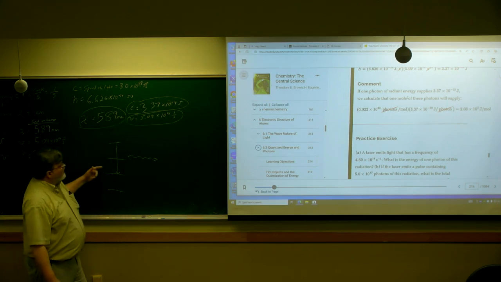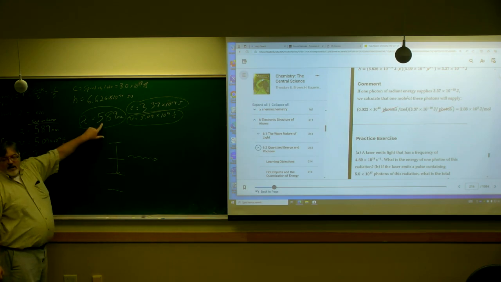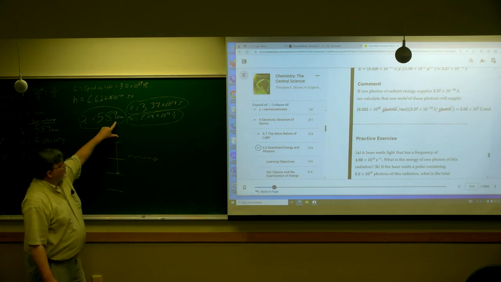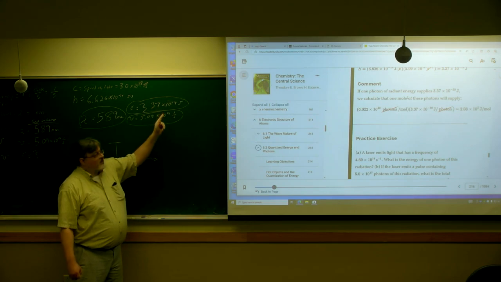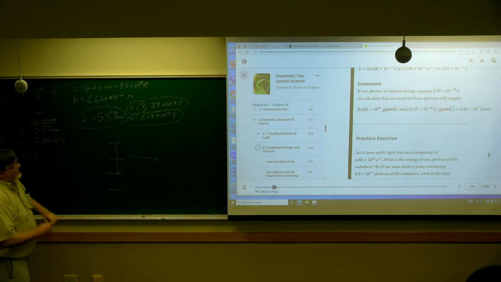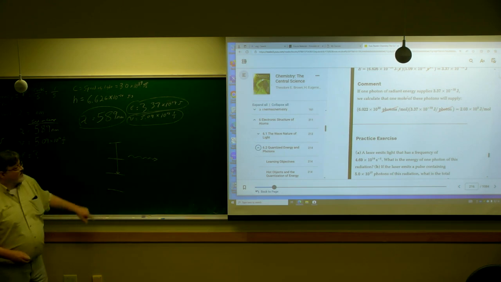So this is saying the photon that comes out of that sodium lamp has a wavelength of 589 nanometers. It has 3.37 times 10 to the negative 19 joules of energy in it, and 5.09 times 10 to the 14 is the frequency. The photon coming out because of this transition.